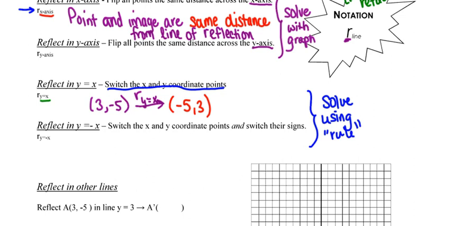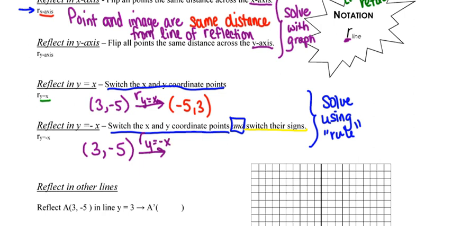To reflect in the line whose equation is y equals negative x, we're going to switch the x and the y coordinates like we did at the beginning, but in addition to that, we're also going to switch their signs. So to take that same point with coordinates 3, negative 5, and reflect it in the line y equals negative x, this time I want to not only switch the y and the x, but take the opposites of both.